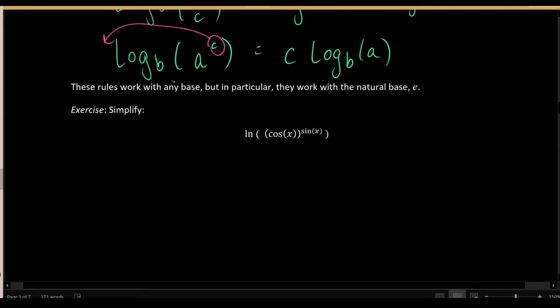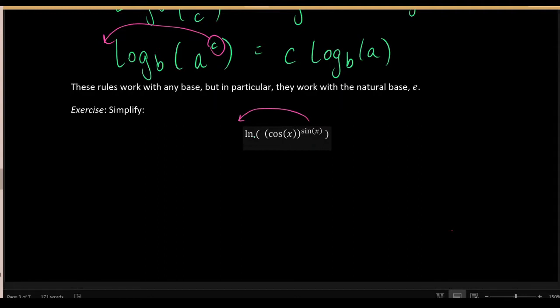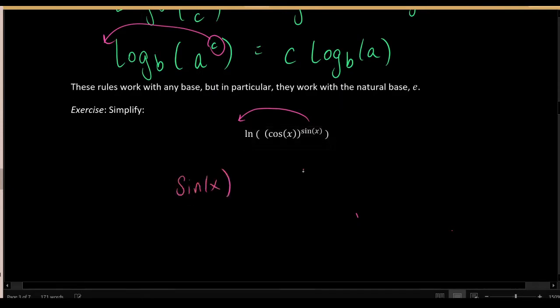And let's consider what would happen if we simplified a quantity like we saw on the previous page. What if we take the natural log of cosine to the power sine? In that case, the exponent sine x can be brought down to the front and turned into a constant multiple. So this can be turned into sine x times the natural log of cosine x.